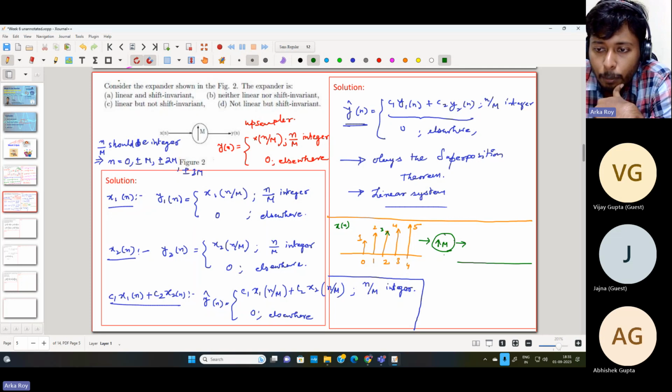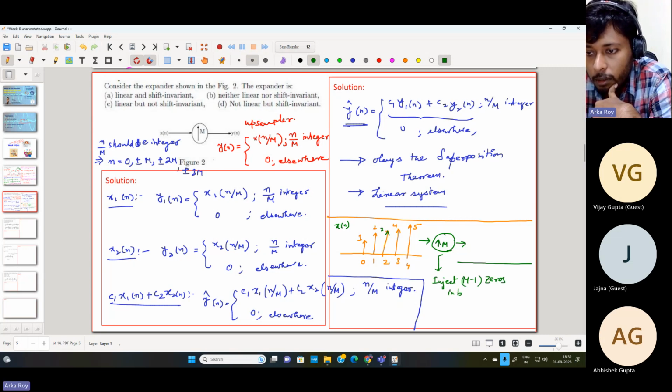With m upsampling, it means that it will inject m minus 1 zeros in between two samples.